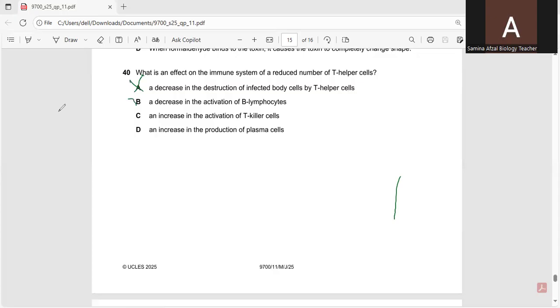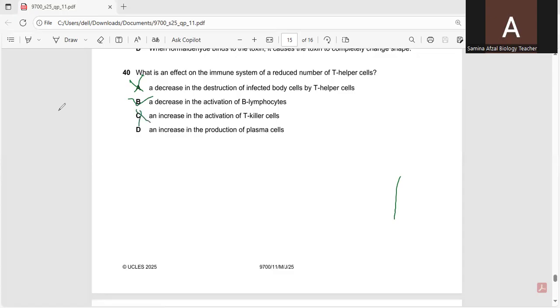So according to this, it is the correct statement. Then we come to an increase in the activation of T killer cells. The T helper cells are essential for robust activation of T killer cells. Therefore, a reduced number of T helper cells would lead to a decrease, not an increase.